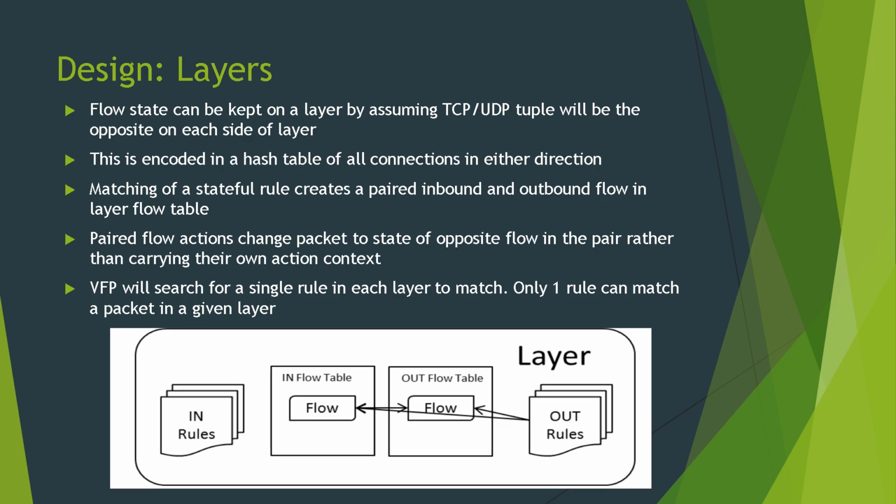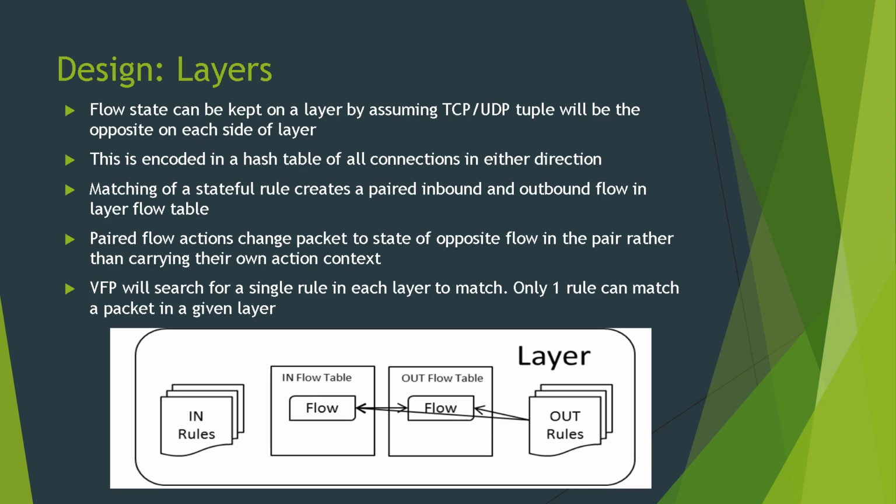So for example, whenever a rule is matched, say going inbound, an opposite outbound rule is also created in a flow table, with the flow in the direction of the rule having the action of the rule, and the opposite direction, say outbound in this case, takes the opposite action in order to maintain layering.